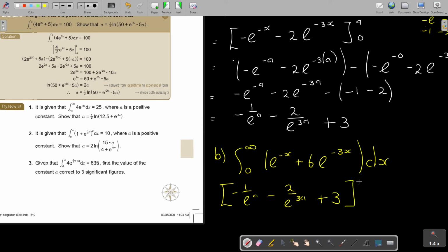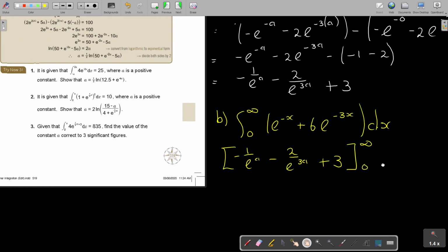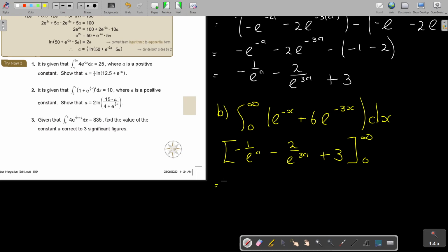And now it's infinity and 0. Now I substitute. So if I substitute, then it's going to be negative 1 over e to infinity minus 2 over e to 3 times infinity, and it's going to be plus 3.